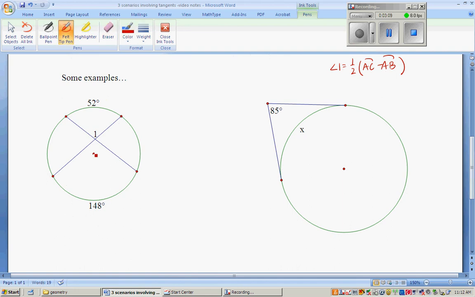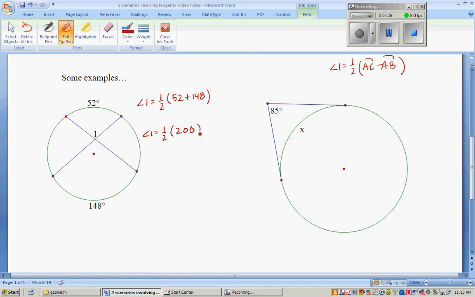If angle 1 had been here in the center, it would be the same as its arc. But since it's off center, we're just going to say that angle 1 equals half of 52 plus 148. Conveniently, 52 plus 148 is an even number, and we're going to get 200. So angle 1 equals 1/2 of 200.